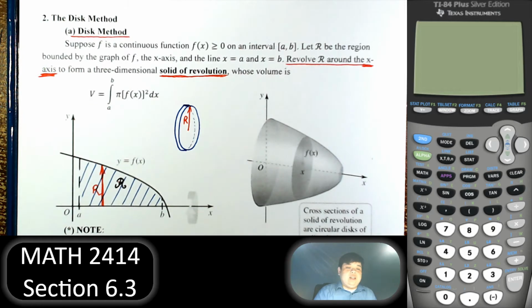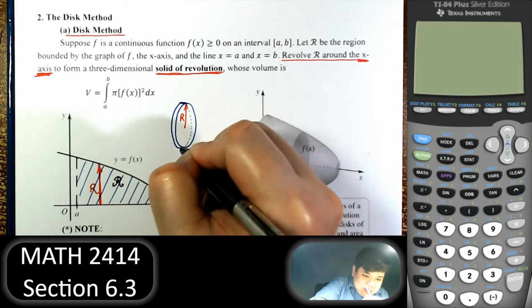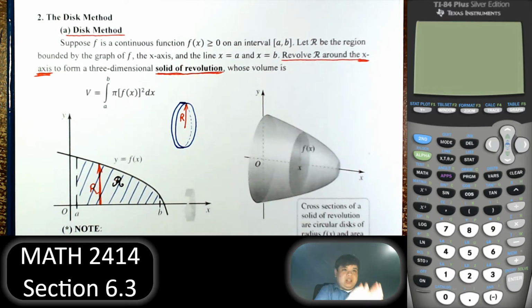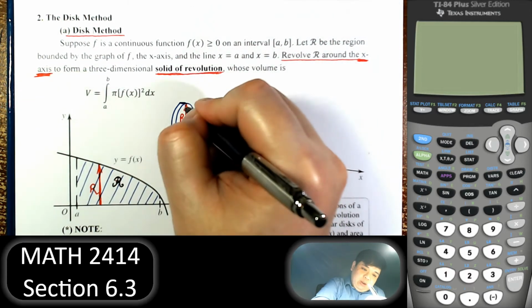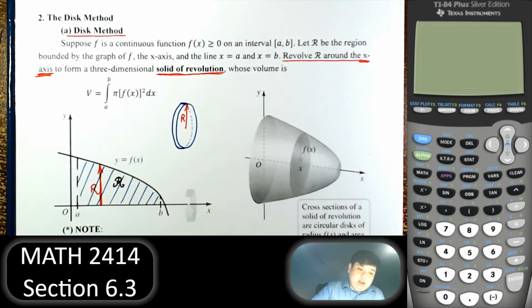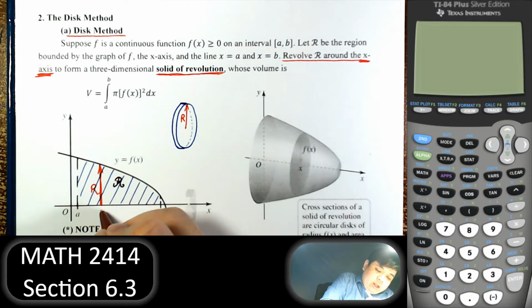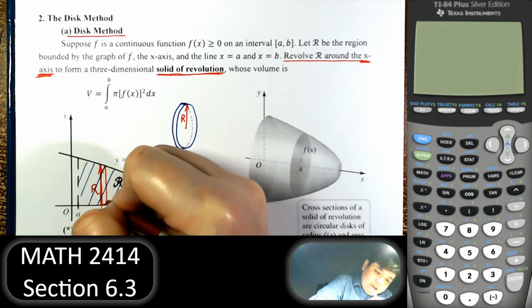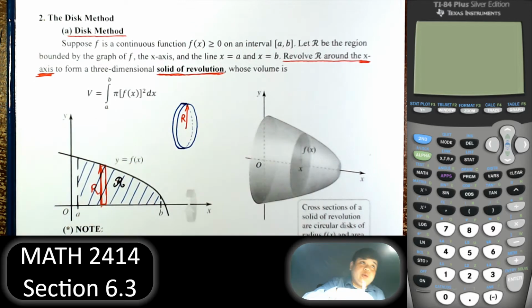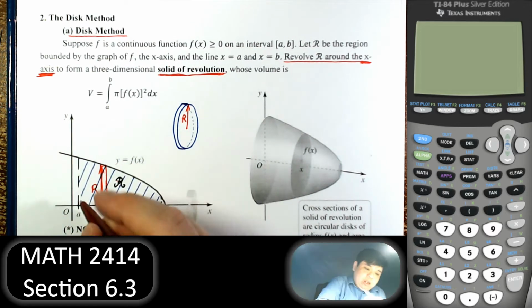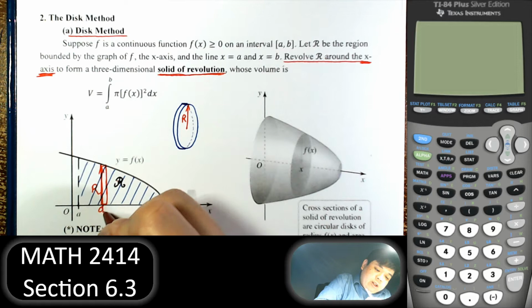So we have a disk. For one slice of the disk, we have the radius, and then the width of that. We're going to rotate that whole thing. There's the width of the x.